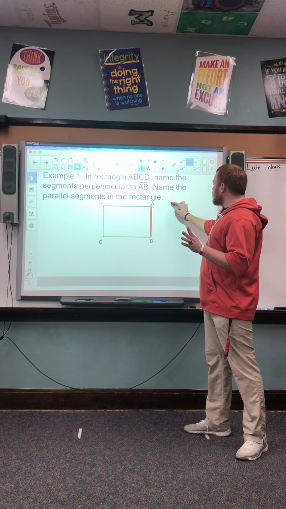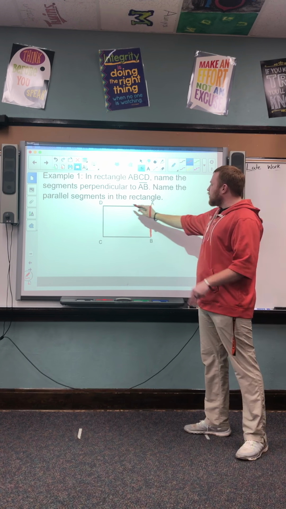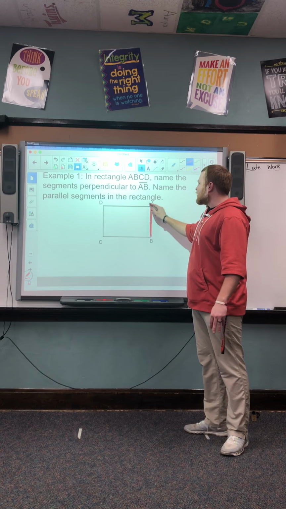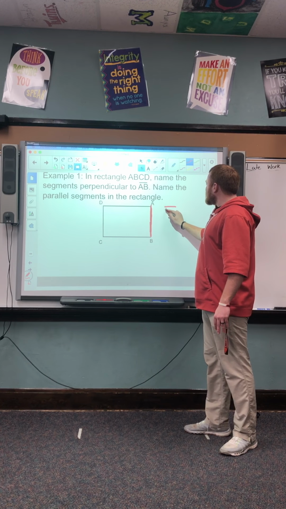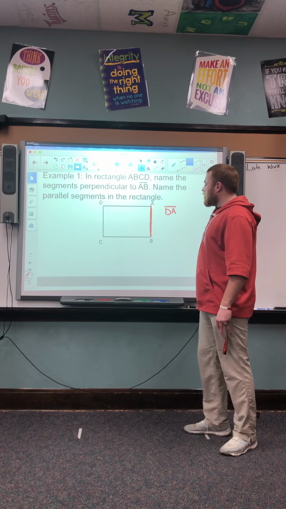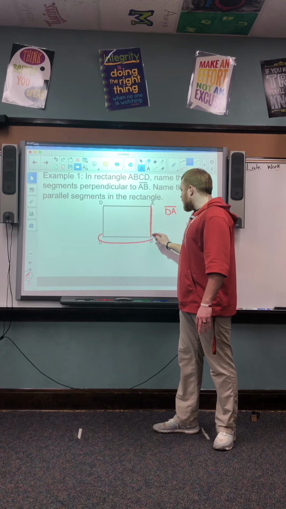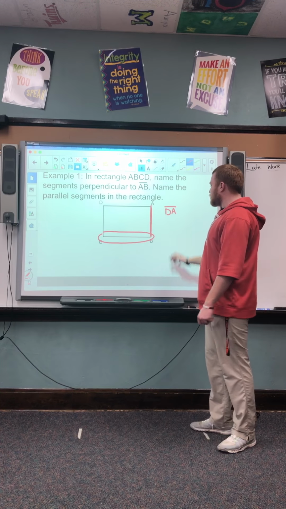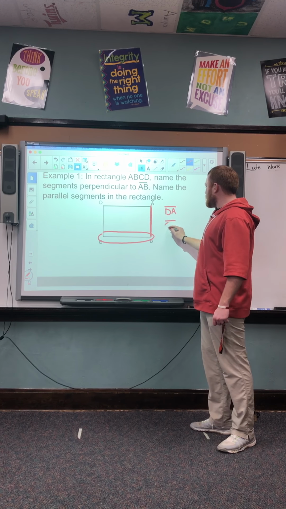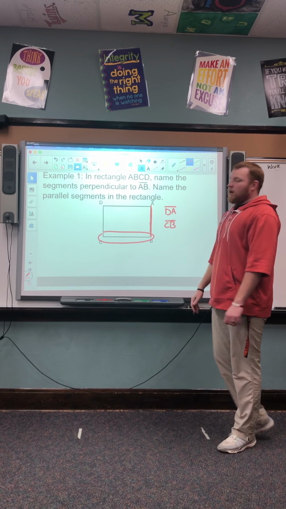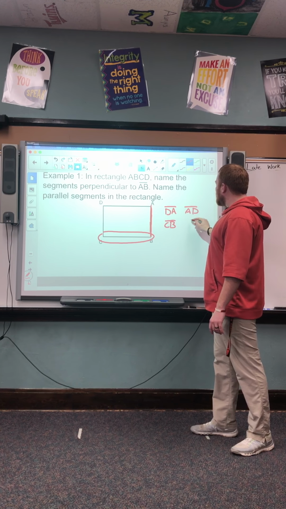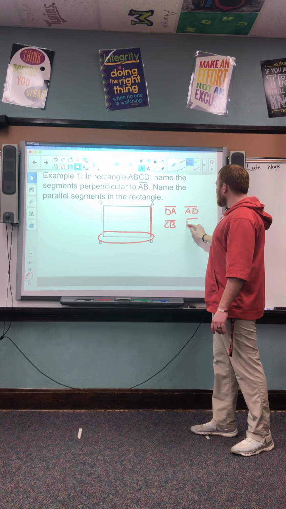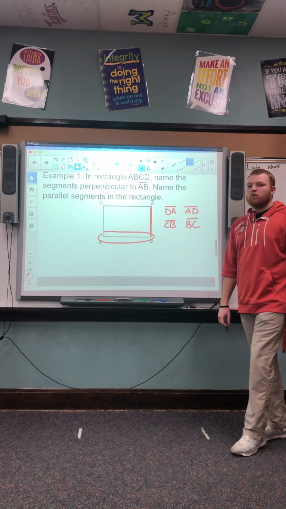We could do this line runs into AB, and that's segment DA, and this line runs into AB, so that would be segment CB. Now, we could have labeled it also as AD or segment BC. That would work as well.